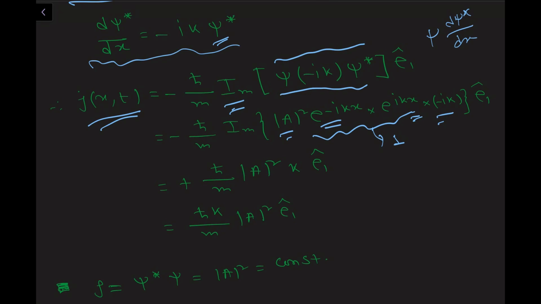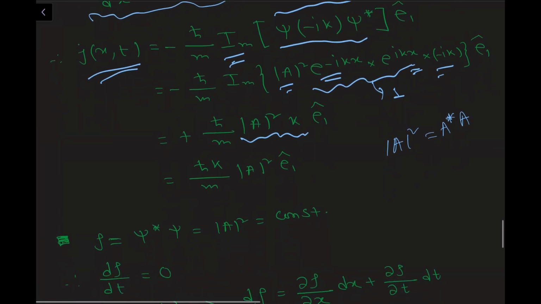Outside the bracket we will get modulus of a squared, a star a, into k e1 cap. So our J is nothing but h cut k by m, modulus of a squared, e1 cap.